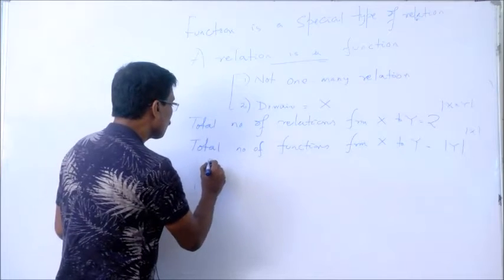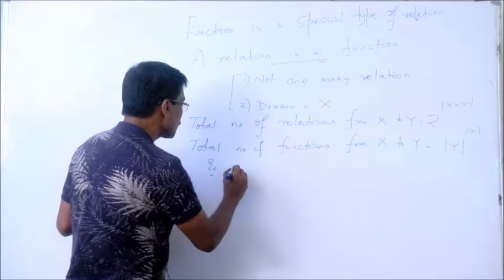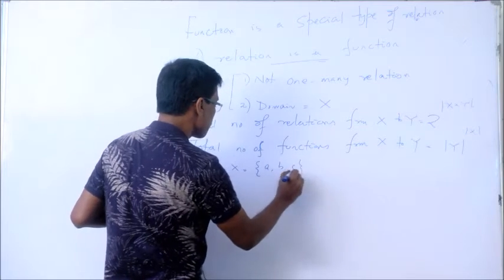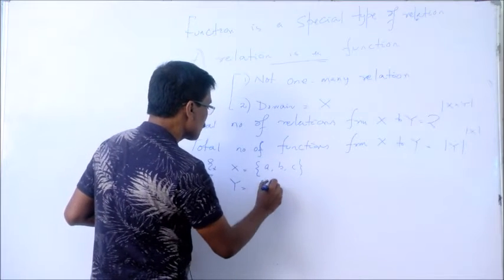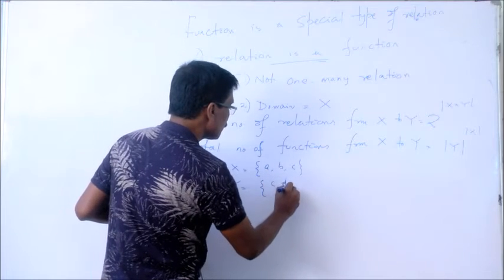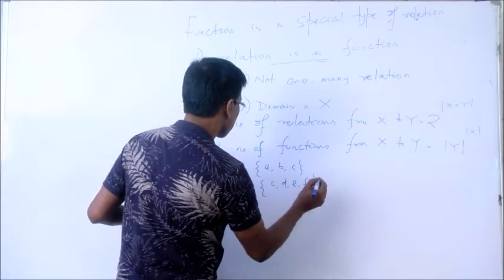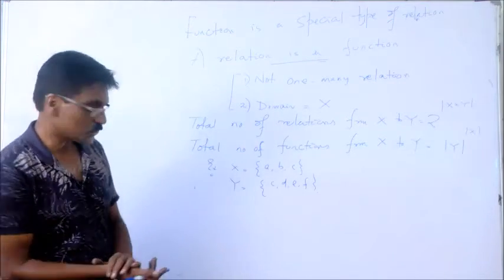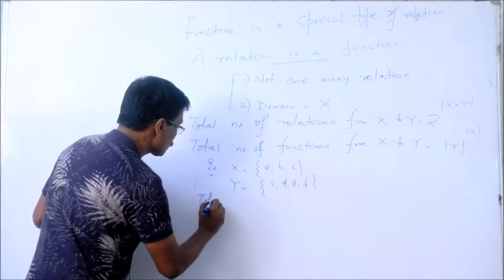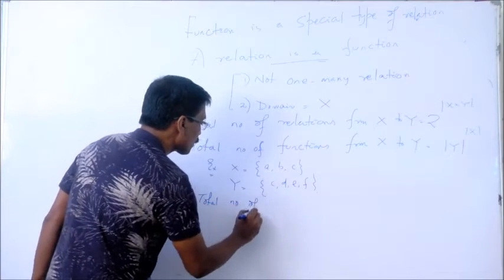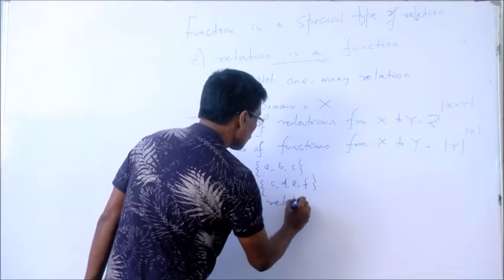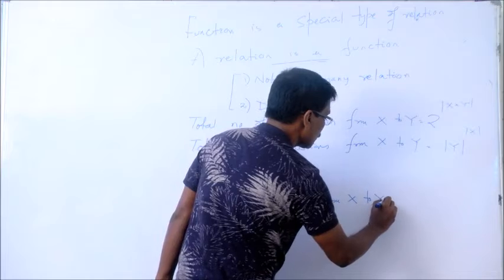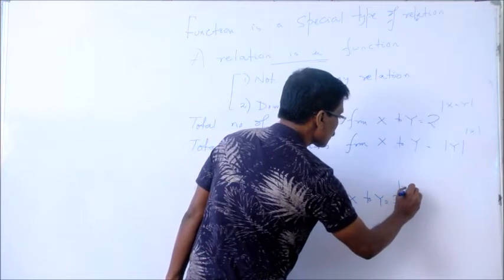So, say the x set has 3 elements, a, b, c, and the y set has 4 elements c, d, e, f. What will be the total number of relations from x to y? The total number of relations from x to y is equal to 2 to the power of the cardinality of x cross y.